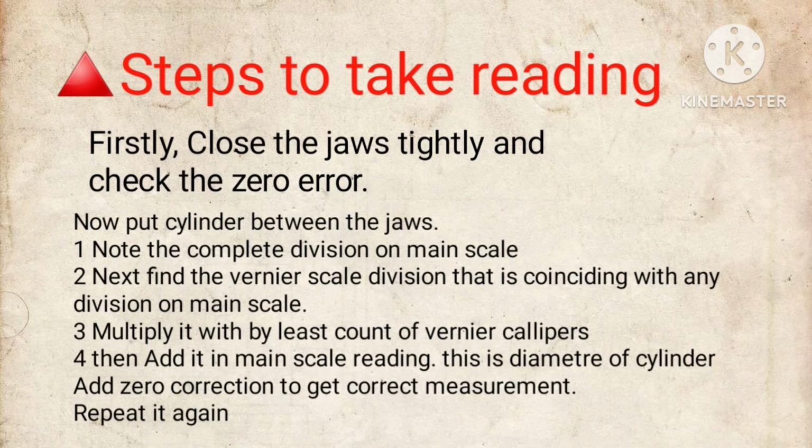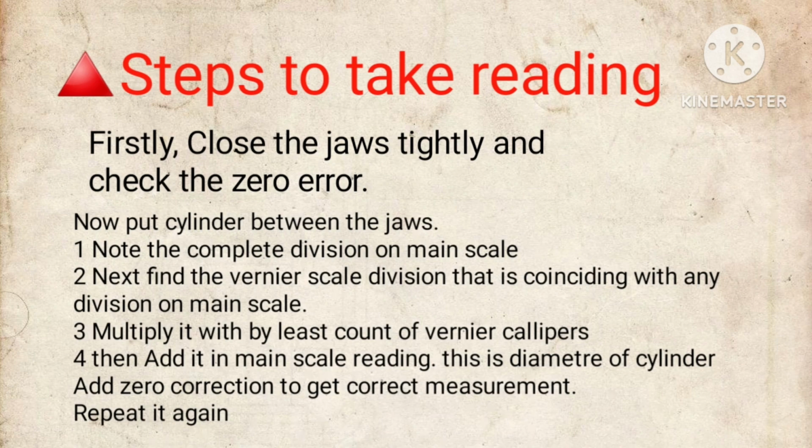Multiply this vernier scale division with the least count. Okay, and to find the diameter, add the vernier scale reading and main scale reading, and then if there is zero error, add the zero correction to get the correct measurement.